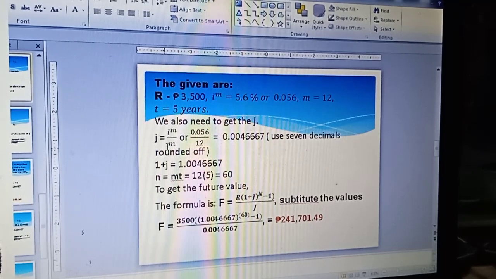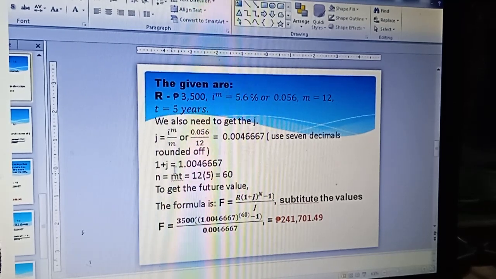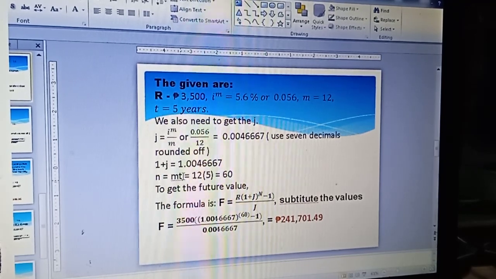And since our j is equal to 0.0046667, our 1 plus j is equal to 1.0046667. Our n equals mt. m is equal to 12 and t is 5 years, so 12 times 5 is 60.